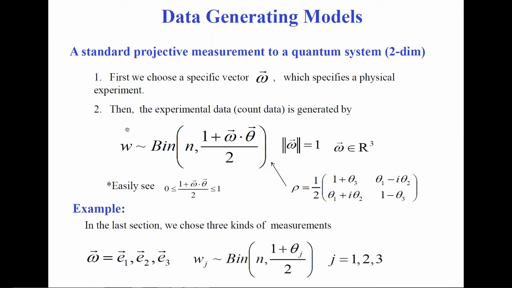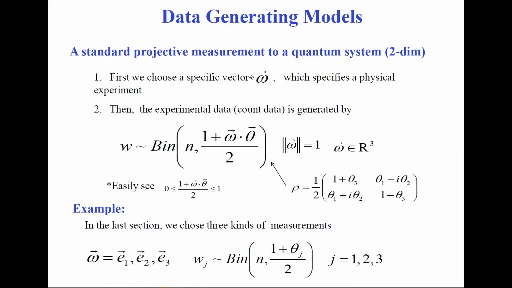Then we repeat n times for the quantum system this measurement specified by omega. We obtain binary data, and the measurement outcome, denoted by W, is distributed according to a binomial distribution. The success probability is given by the quantum mechanics rule, 1 plus the inner product of omega and theta, over 2.